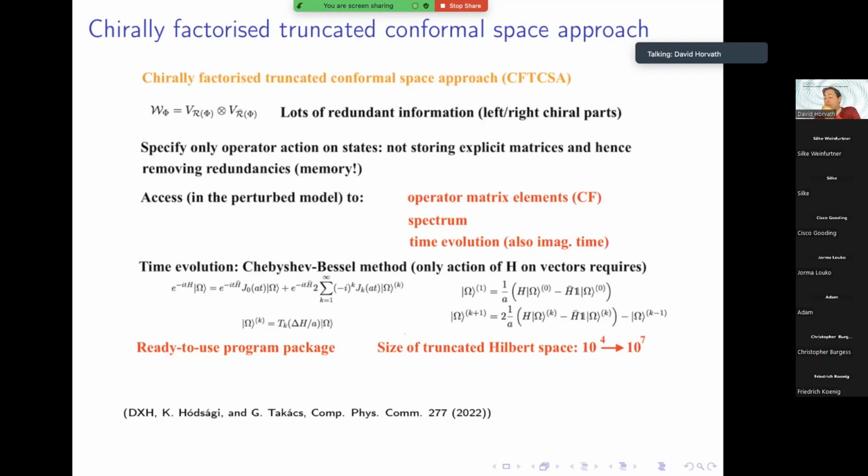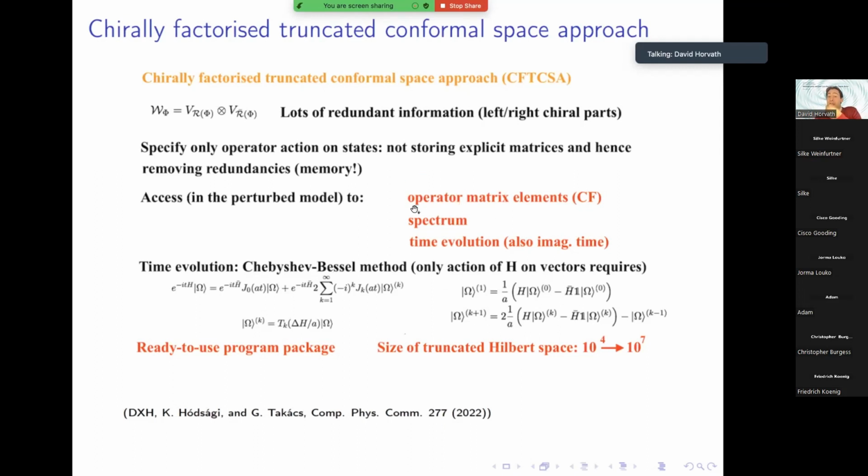So to avoid the redundancy, what you do is the following. It turns out that it's sufficient for many purposes to only define the action of matrices on vectors, which doesn't require the explicit construction of the matrix. This way you can get rid of the redundancies.